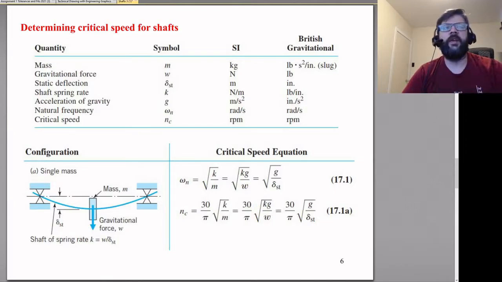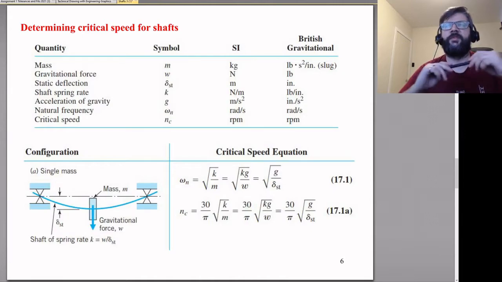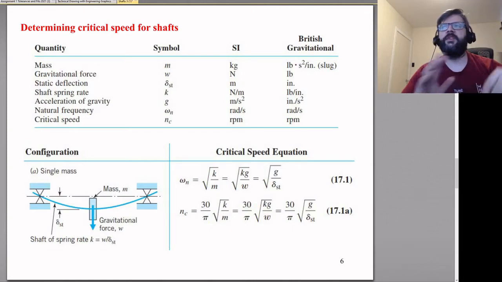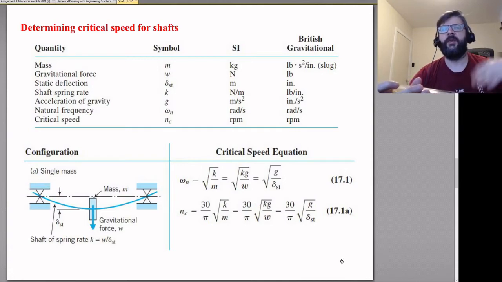As it's rotating around, gravity acts downwards, and if it deflects such that the mass, when it gets back around, is still deflected outwards, then that will cause it to continue that deflection.